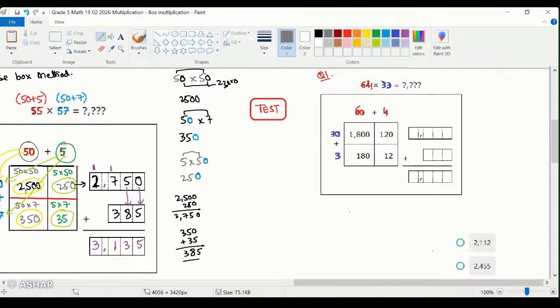So when we add these numbers, we'll get this answer: 1800 and 120. And how about 180 plus 12? 291. What should be the final answer? Option A or option B?